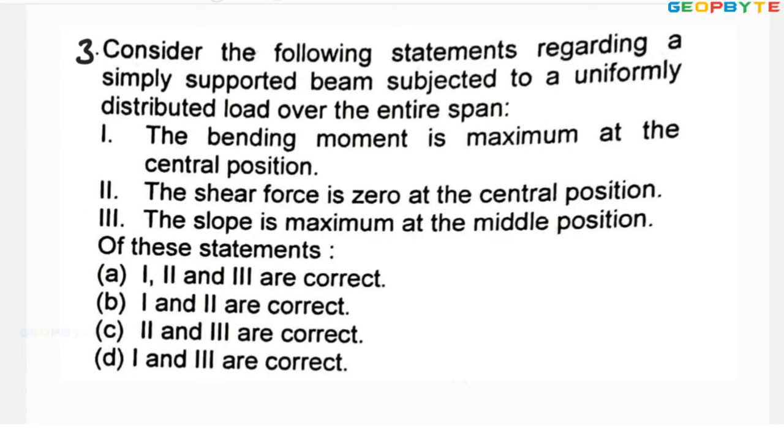Look at the next problem. Consider the following statements regarding a simply supported beam subjected to a uniformly distributed load over its entire span. A simply supported beam is there.